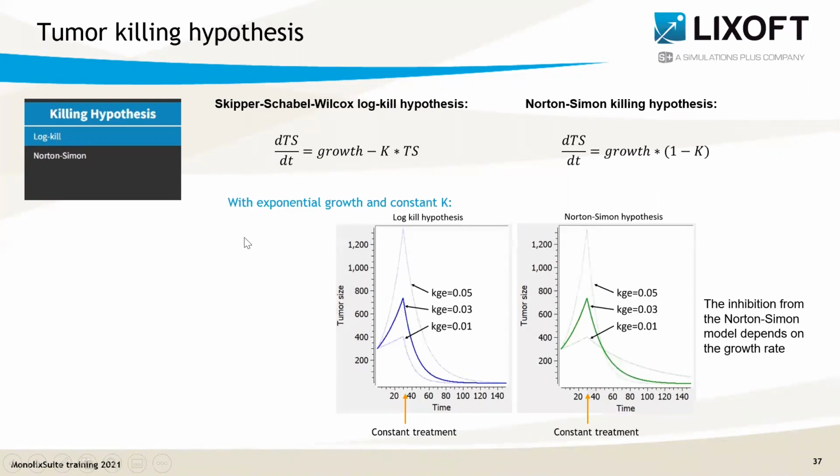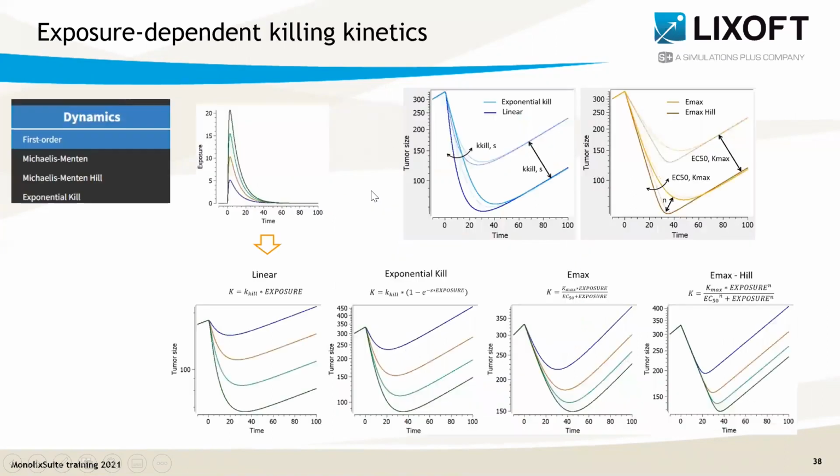Let's now see how we can define the treatment kinetics K. So this corresponds to these different options here. These are the 4 common exposure-dependent treatment effect kinetics that can be combined in the library with both these scaling hypotheses. I have compared on these plots simulations based on an exposure indicated here, which is a drug concentration following a single dose with different amounts.